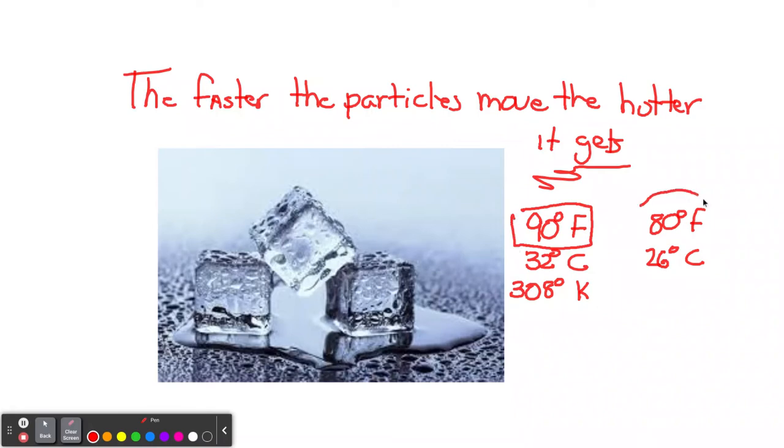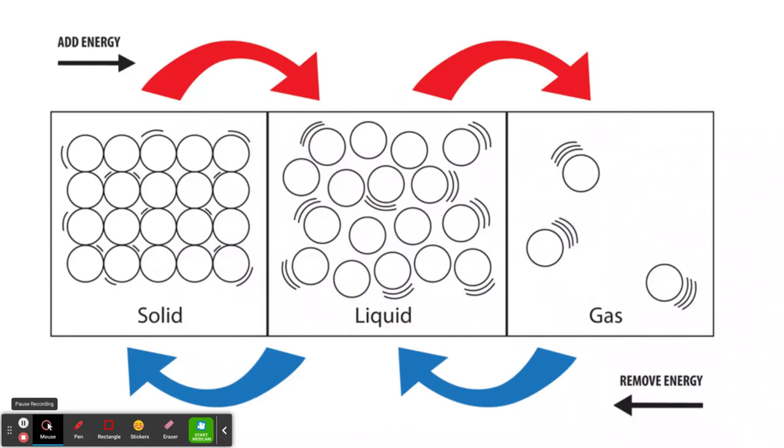Well, they're moving faster at 90 degrees. So that should clear that up. And here's a better picture of solid, liquid, and gas. In solid, they're tightly bonded together. It takes a lot of energy to break those bonds, and so it heats up because now the bonds are broken. In liquid, there's more space and more energy, and so they're moving faster. And in gas, they're moving extremely fast, and it gets hotter.